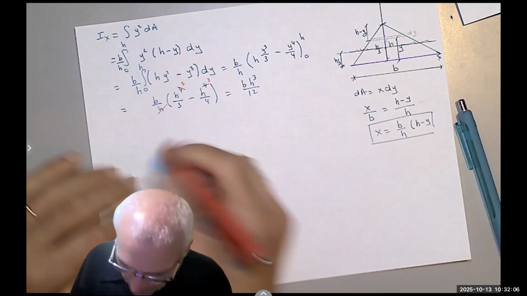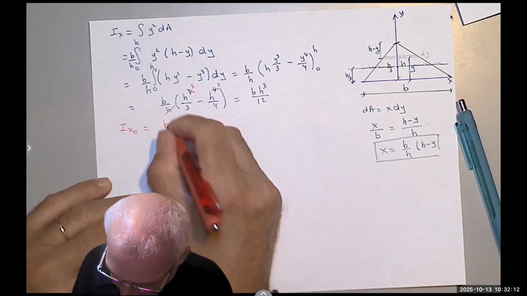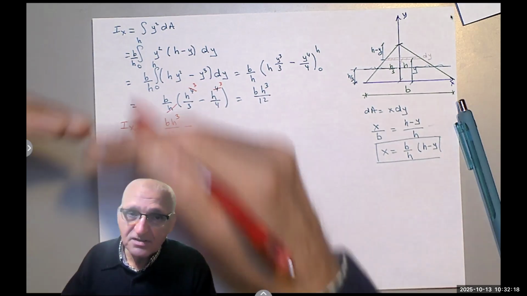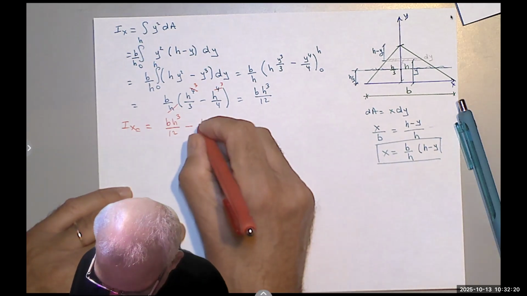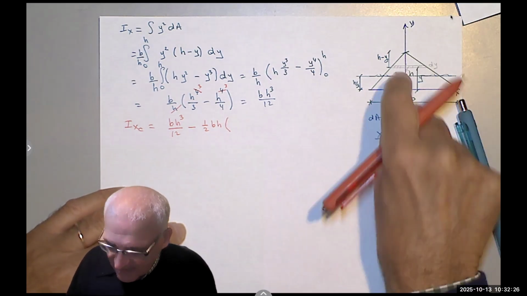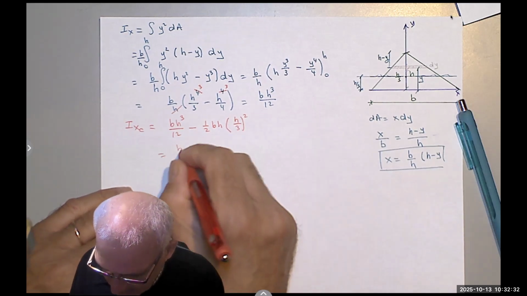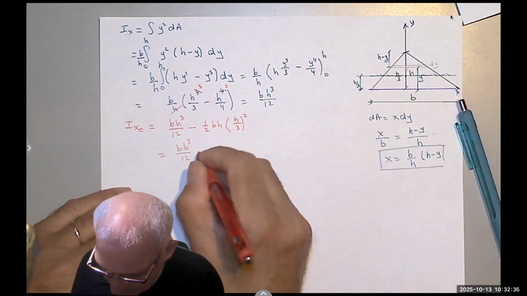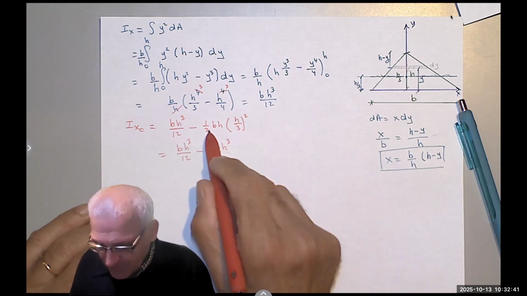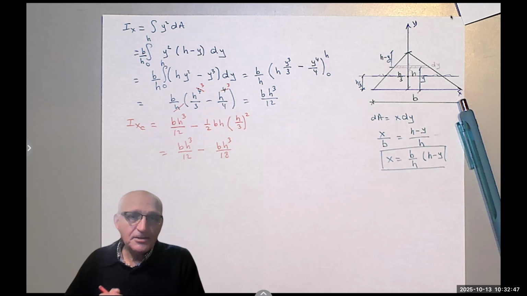now I want to find the moment of inertia about the centroid. So I say it's the moment of inertia about the base minus, notice, going to the centroid, you subtract the area, which is 1/2 bh, times the square of the distance between that axis and the centroid, h over 3 squared, equals bh cubed over 12 minus bh cubed, 3 squared is 9 times 2 is 18. 1 over 12 minus 1 over 18.